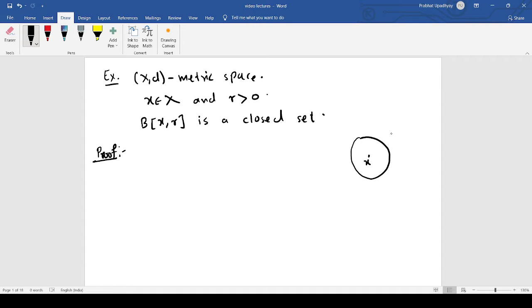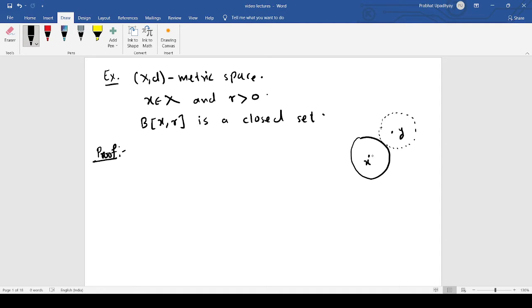So let y be an element inside the complement of my closed ball B(x, r). Let's try to analyze the distance between x and y. Remember, we want to find a radius, say s greater than 0, such that if I draw an open ball of radius s around y, it should totally lie inside the complement of my closed ball B(x, r).